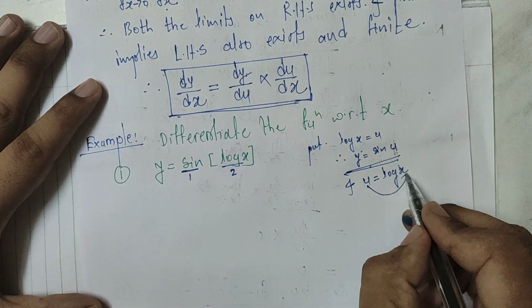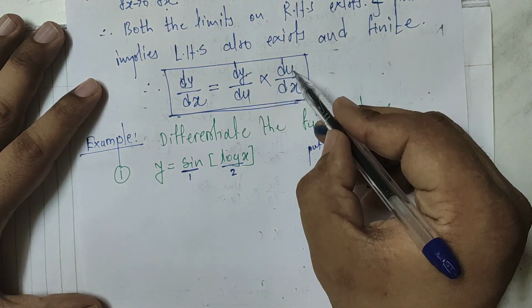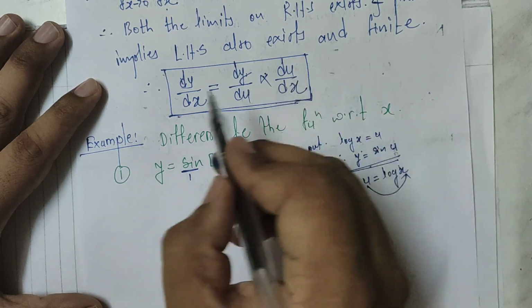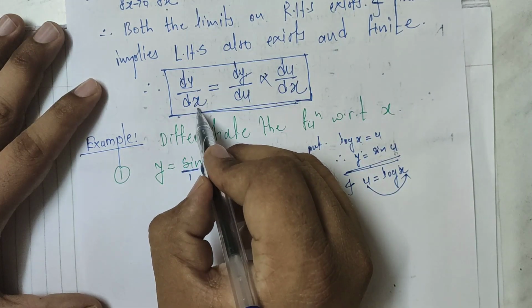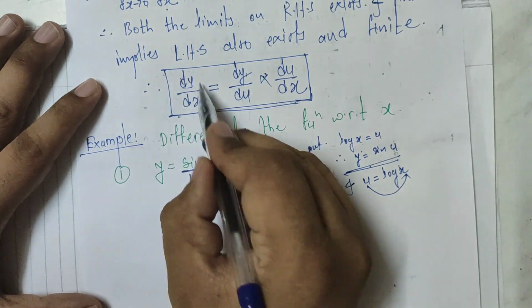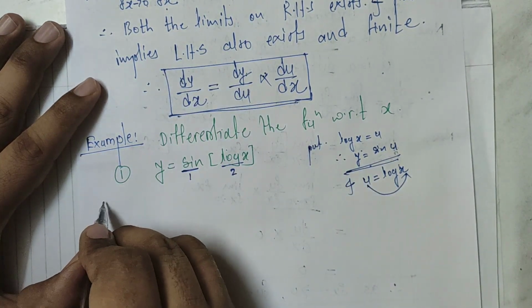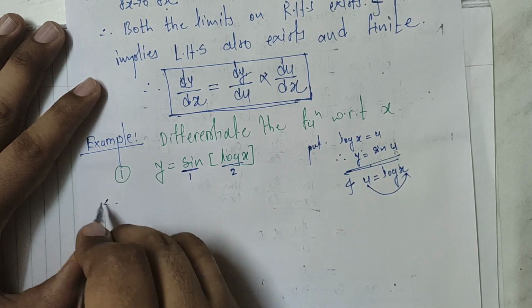Therefore we differentiate u with respect to x. If you multiply these two derivatives, you will automatically get the derivative of y with respect to x, that's why dy upon dx. Then how to solve? Solution.